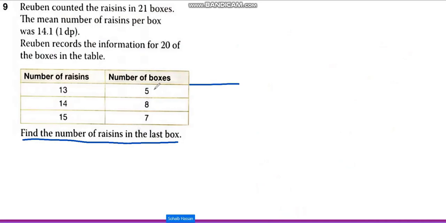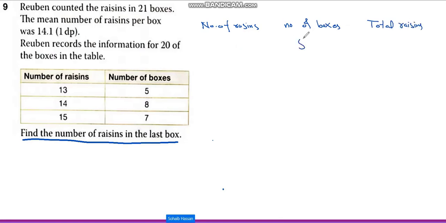In 5 boxes, each box contains 13 raisins, similarly in 8 boxes, each box contains 14 raisins, and in 7 boxes, each box contains 15 raisins. So let's do some changes there. First, we need to update the table. It says number of raisins versus the number of boxes, and I will add one more column that will contain the total number of raisins.